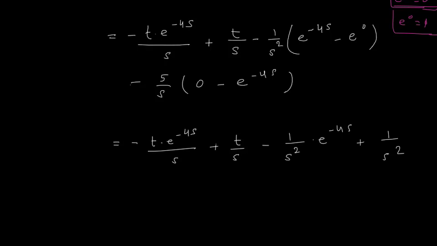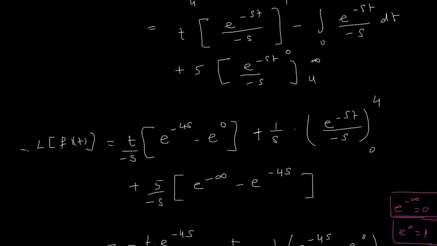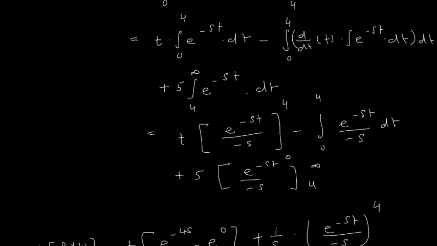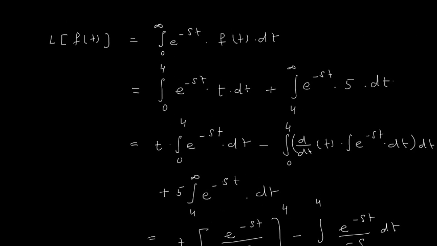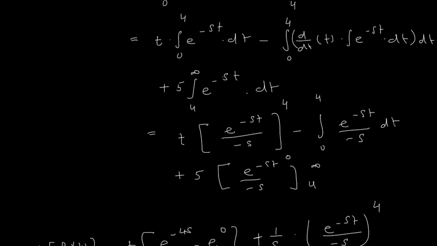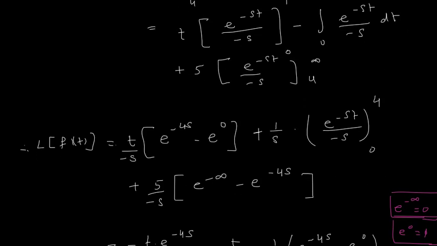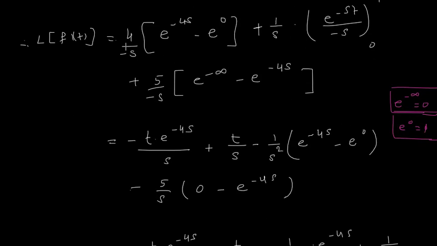it is plus. Acha, one more thing, in the beginning itself, in place of t we are replacing 4 and infinity, all those things. So here when we replaced by 4, this t should also be replaced by 4. So here it is 4 upon minus s. Any other place we have t? No. So let us replace this t by 4.